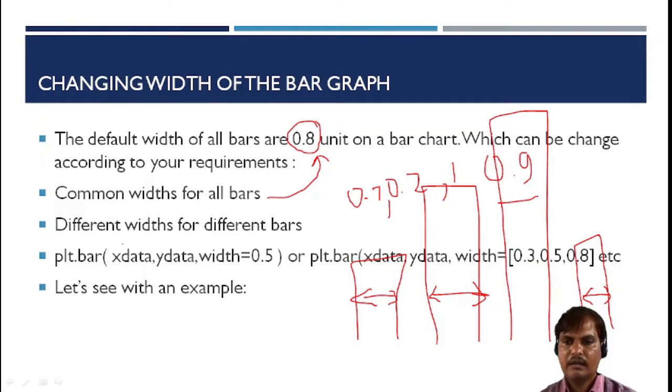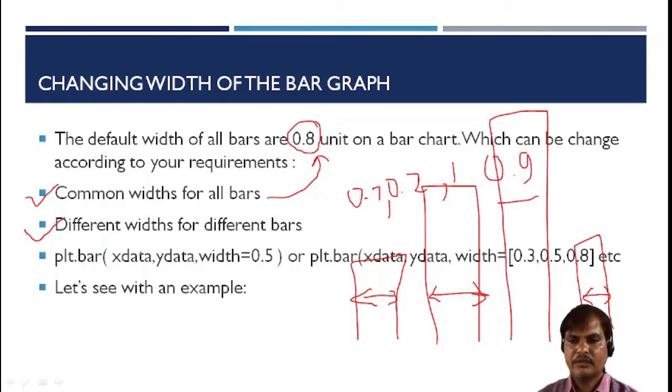So first of all, the width can be changed in two different ways. One, we can set a common width for all the bars, and secondly we can set different widths for each and every bar.